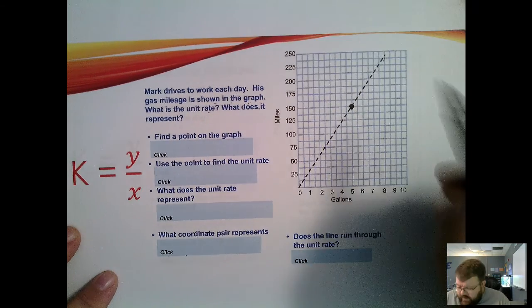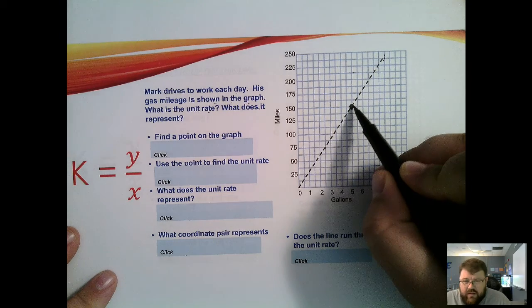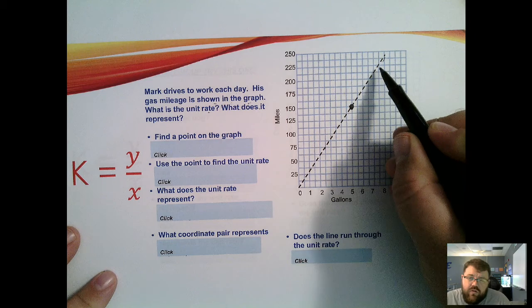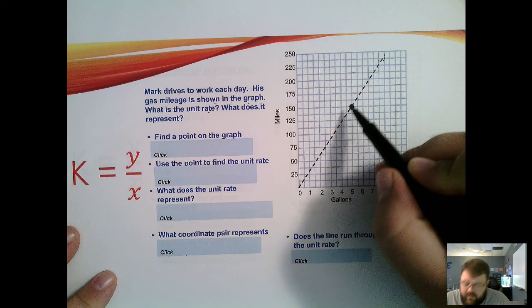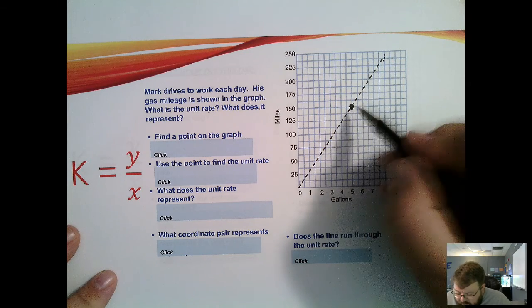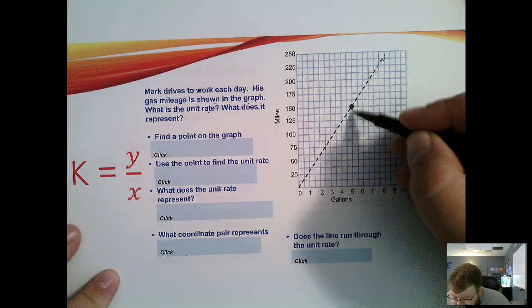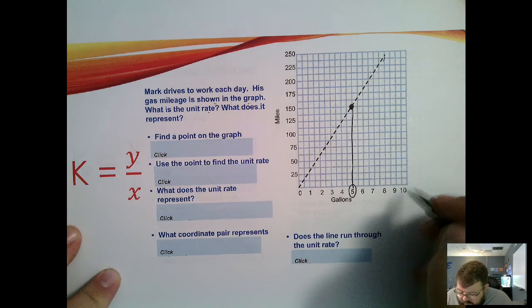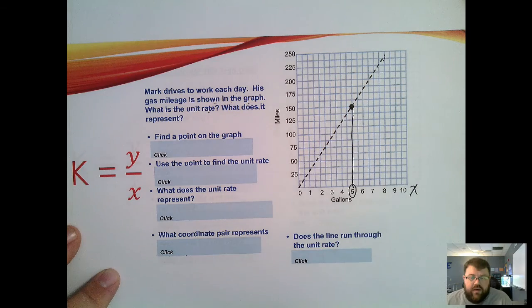Okay, again, you want to try to pick a point where this line passes through right at the corner of the grid and not in the middle of a grid. So this point, I picked this one. I'm going to go down. I've got 5. Remember, this is the x value.